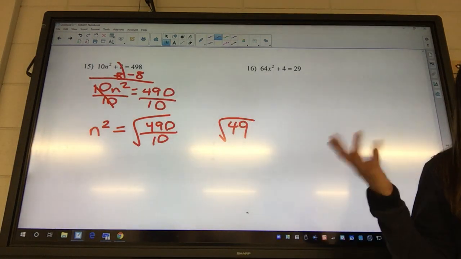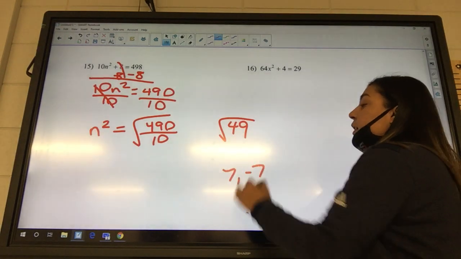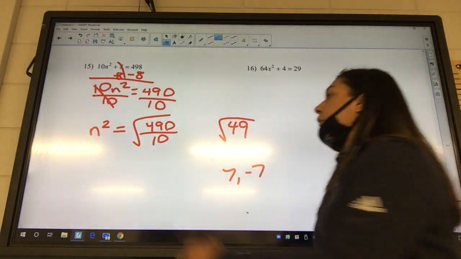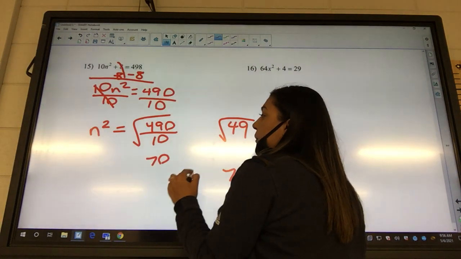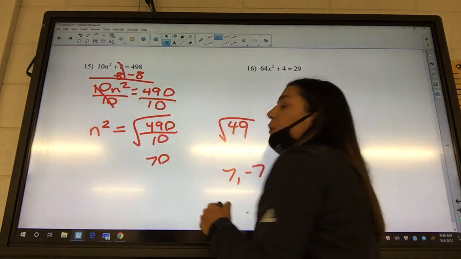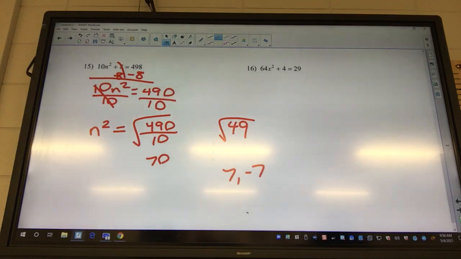The 49 is almost easier. What's the square root of 49? 7. If you do this method, what's the square root of 490? 70. And the square root of 10? There isn't one.